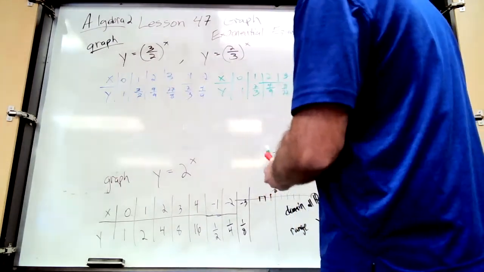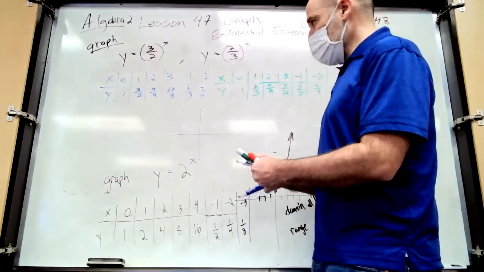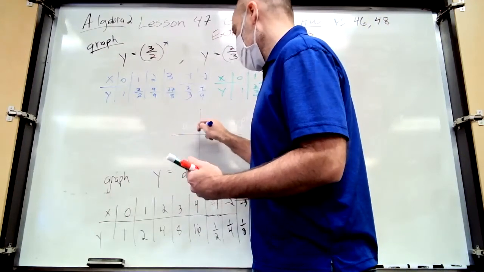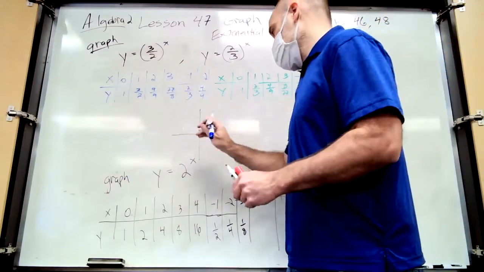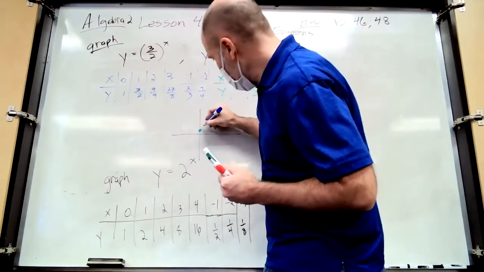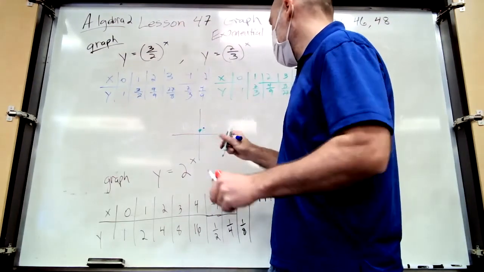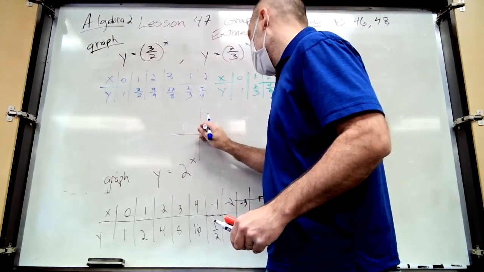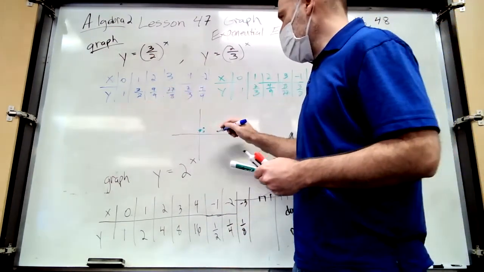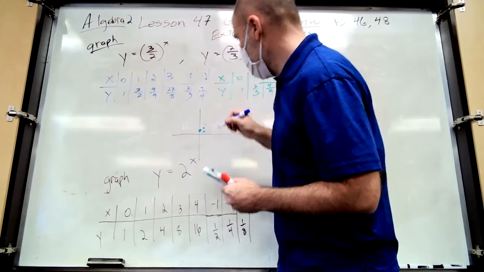So when I graph these two functions, here's what they look like. We're not going to go exactly here, but 0, 1 is still right there, 0, 1 for green and for blue. 1 is going to give me 3/2, so 1.5. 1 over here is going to give me 2/3, so a little bit below there. 2 over here is going to give me 9/4, so that's 2 1/4, about right there.